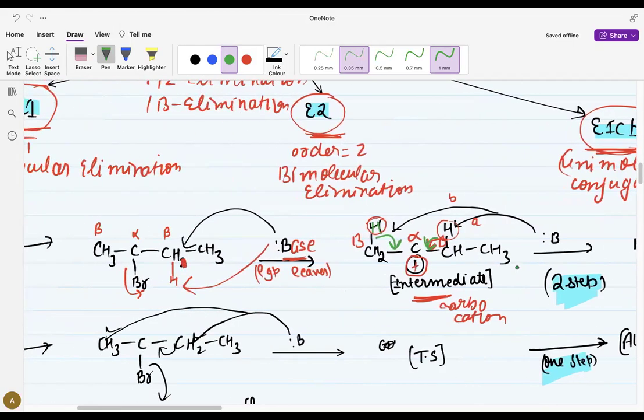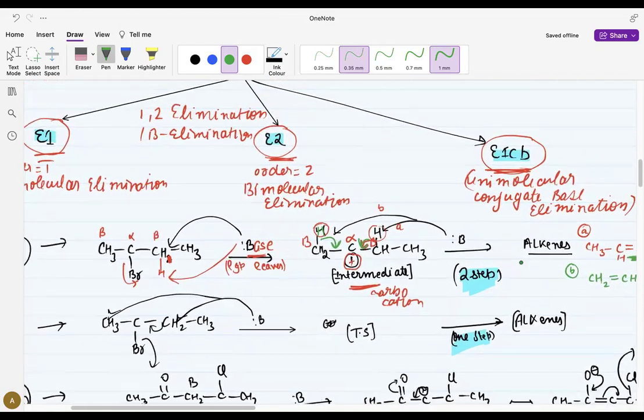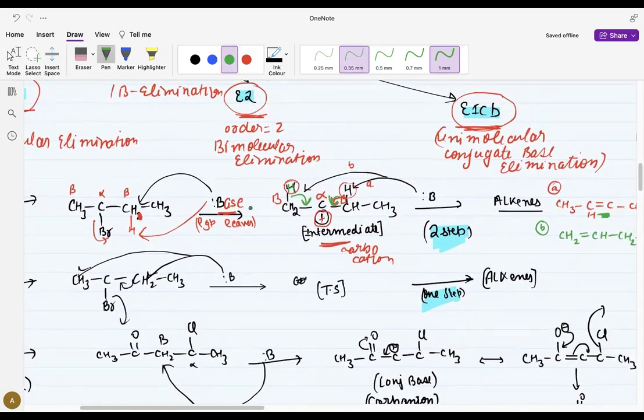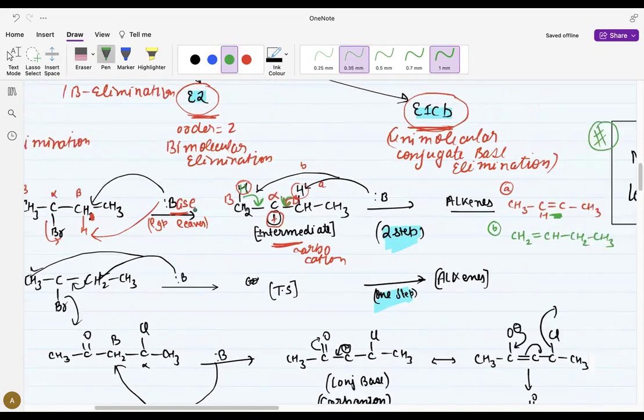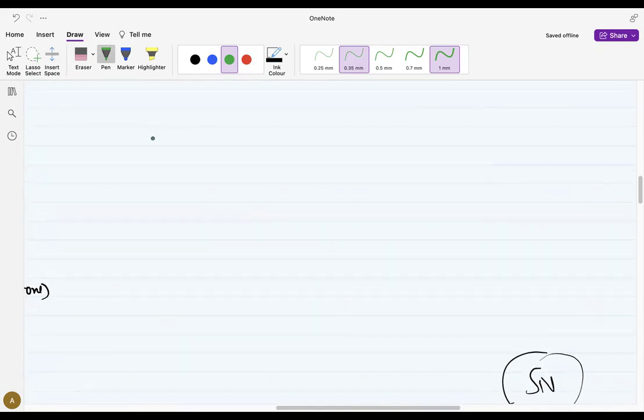So in E1 mechanism, let's say we have here bromine or any leaving group. Before any base, let's say we have C2H5OH, alcoholic KOH.